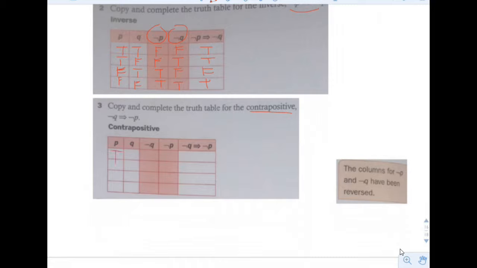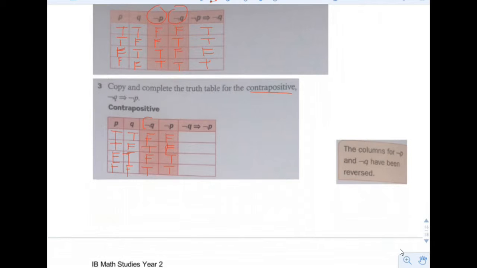So again, we fill in the first 2 columns like that, and then the second column like that. And then not Q is the inverse of that. Okay, and then not P is the inverse of that.